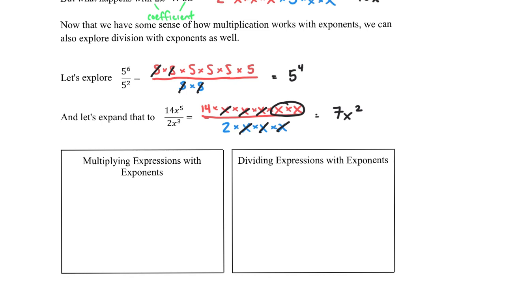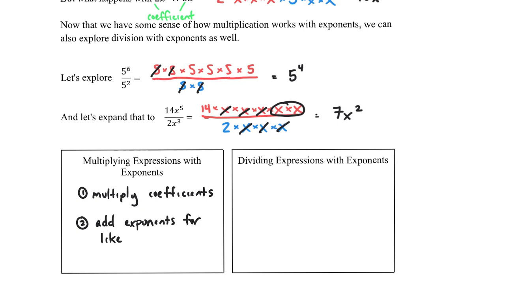All right, so let's come up with some rules here. When you are multiplying expressions with exponents, as long as they have like bases, that's a key, the first thing you're going to do is multiply the coefficients. Those are the numbers that are out in front, as long as they're not part of the base. And then you're going to add exponents for your like bases.